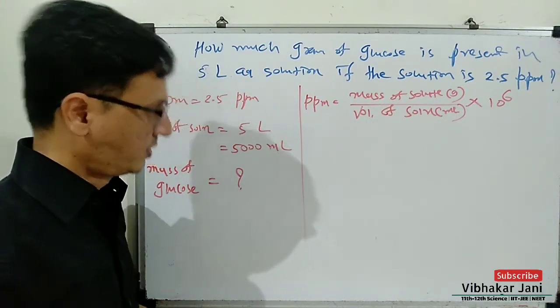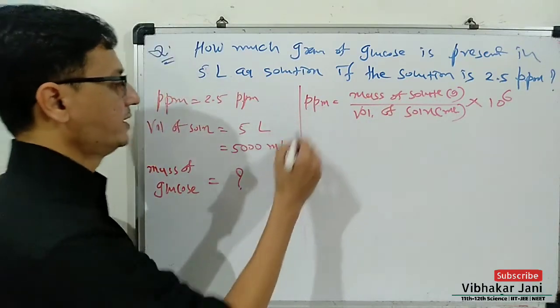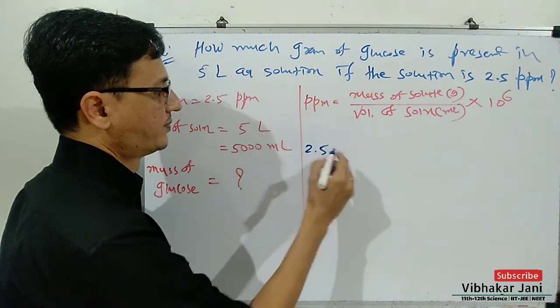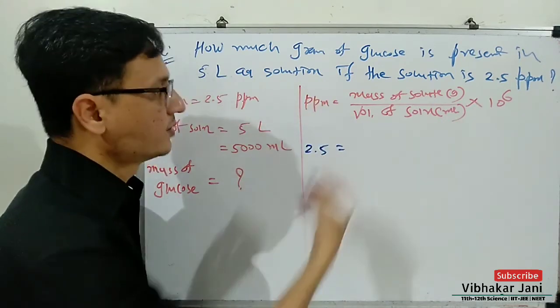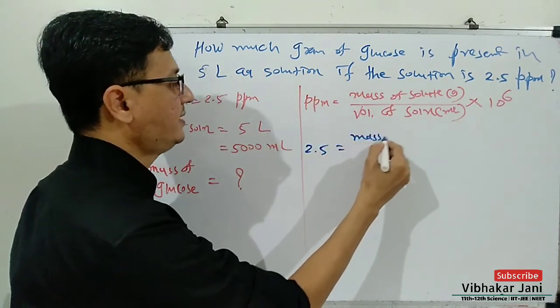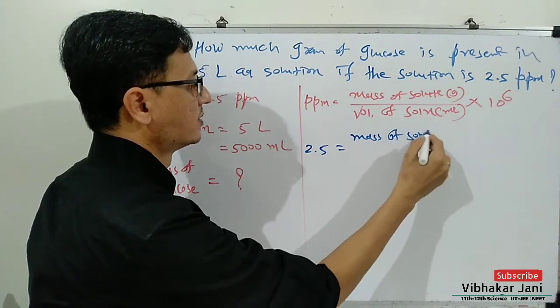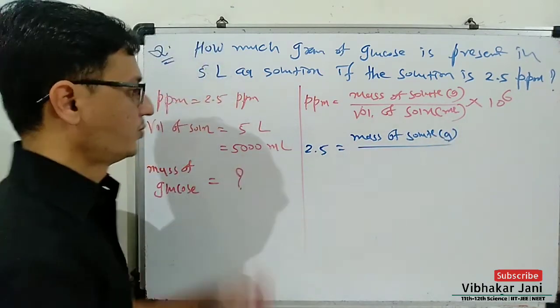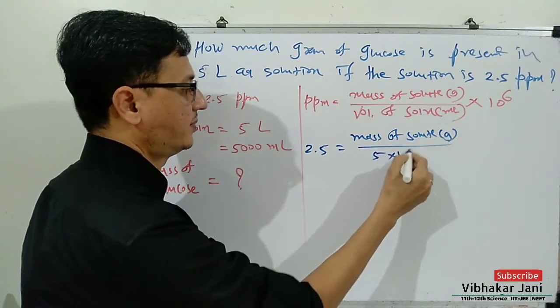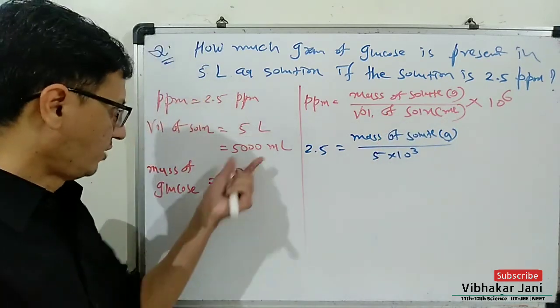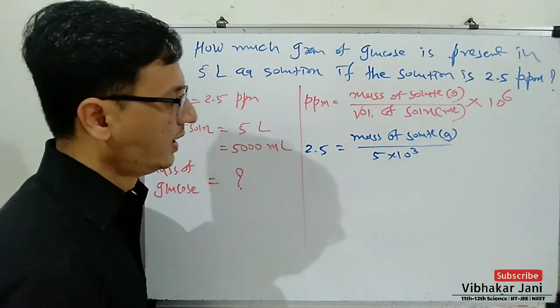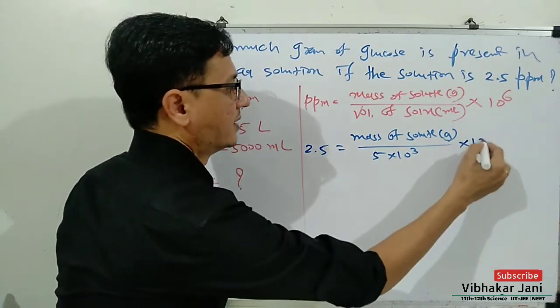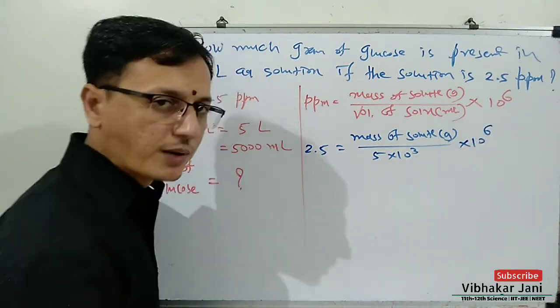Okay, now let us put the values. ppm is given, 2.5, is equal to mass. We are going to find the mass of solute, multiplied by volume of solution, that is 5 multiplied by 10 to the power 3. 5000 is 5 into 10 to the power 3, and here don't forget to write 10 to the power 6.